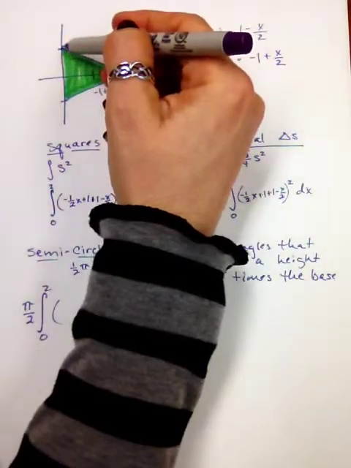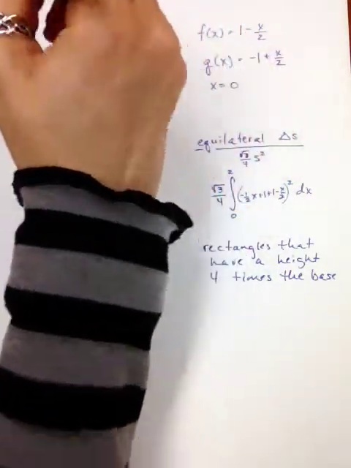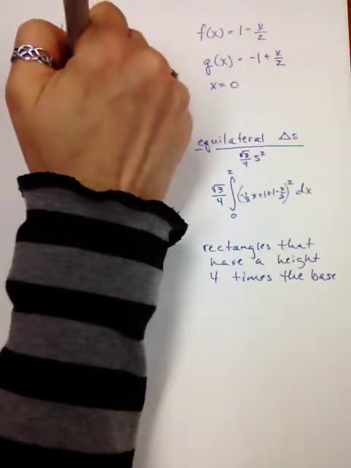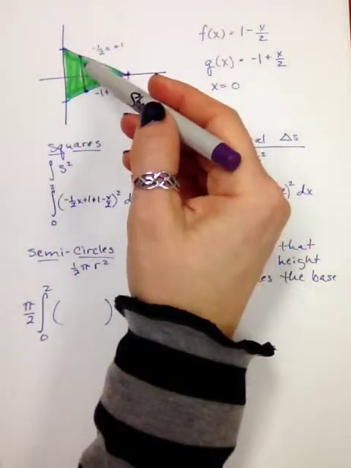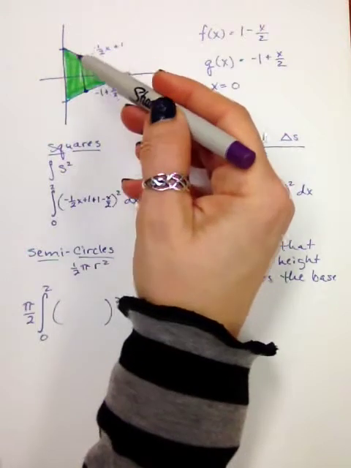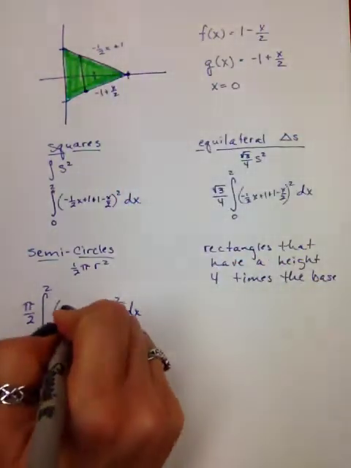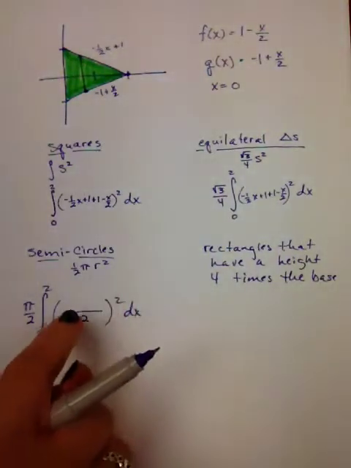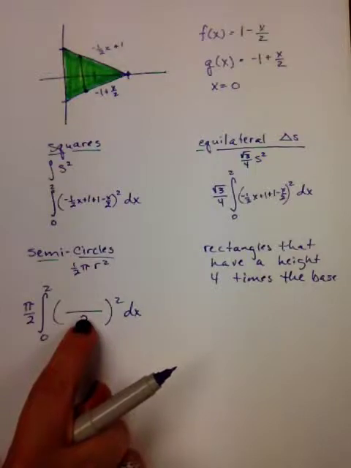Then if you look at the figure, your semicircle is going to come up like this, which means if I do the more positive function minus the less positive function, that distance right there is not the radius. It's actually the diameter. The semicircle comes up and back down. So whenever I do a semicircle, I'm going to do the more positive minus the less positive, divided by 2 to get the radius.